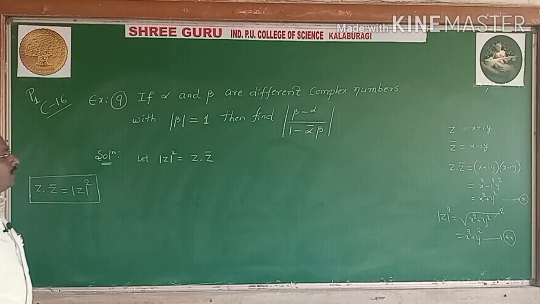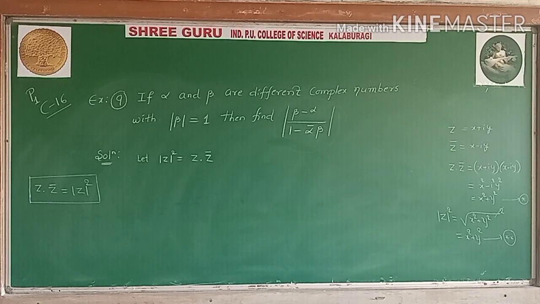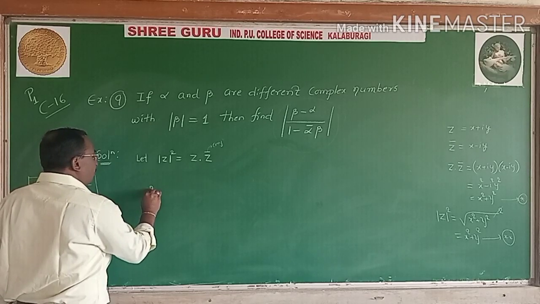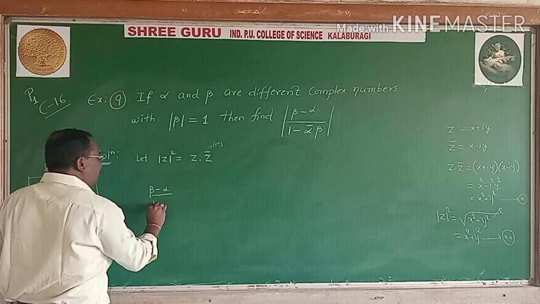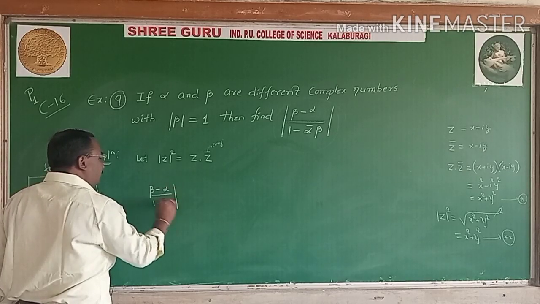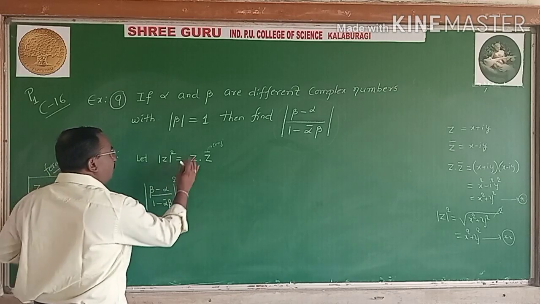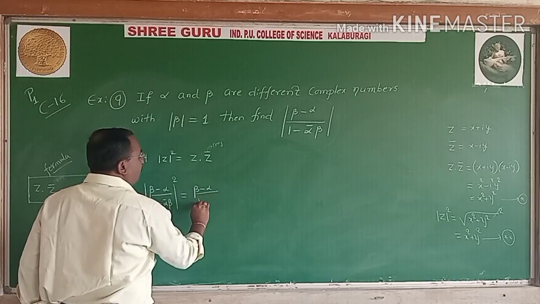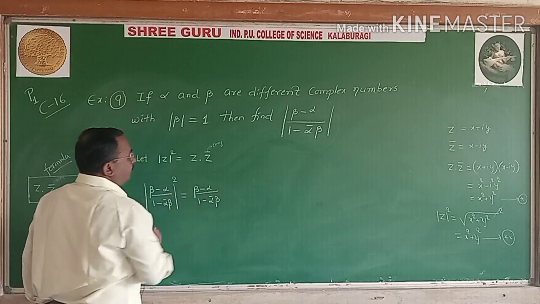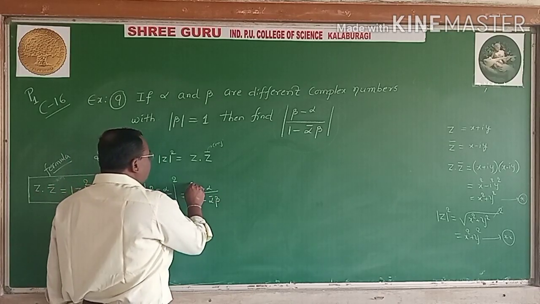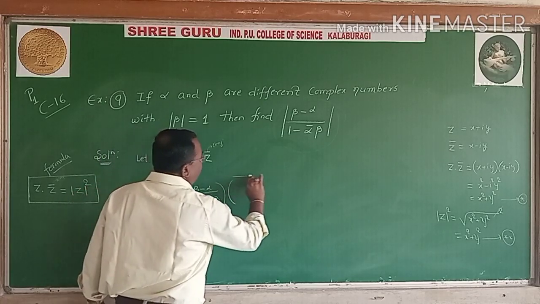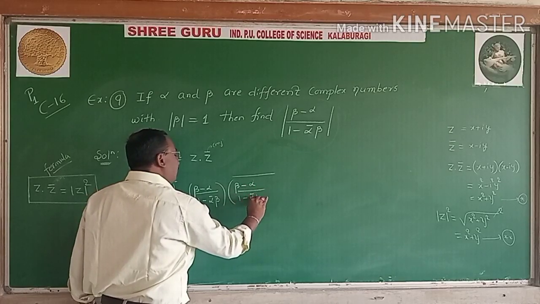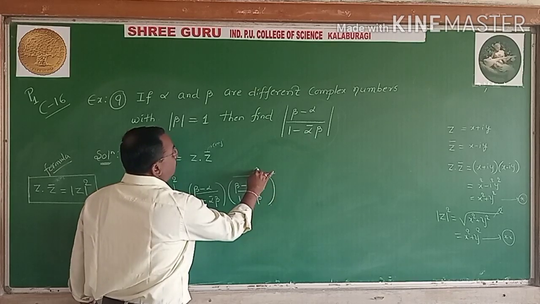Here, modulus of (beta minus alpha divided by 1 minus alpha bar beta) whole square is equal to z into z bar, where z means beta minus alpha divided by 1 minus alpha bar beta, and bar means its conjugate.